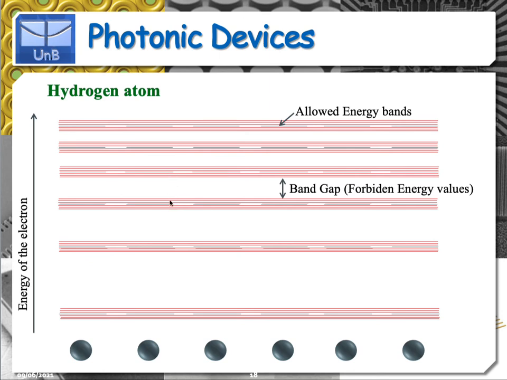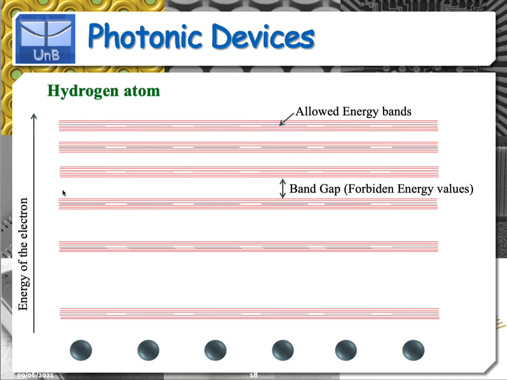If they are far apart enough, there might be a region here that does not have energy levels at all. So this interval is going to be the band gap. The forbidden energy values are going to be in this region. Okay, so that's how the band gaps and the energy bands come about.